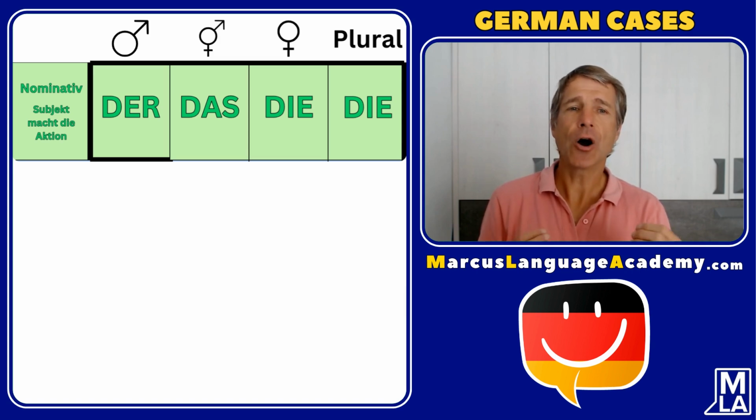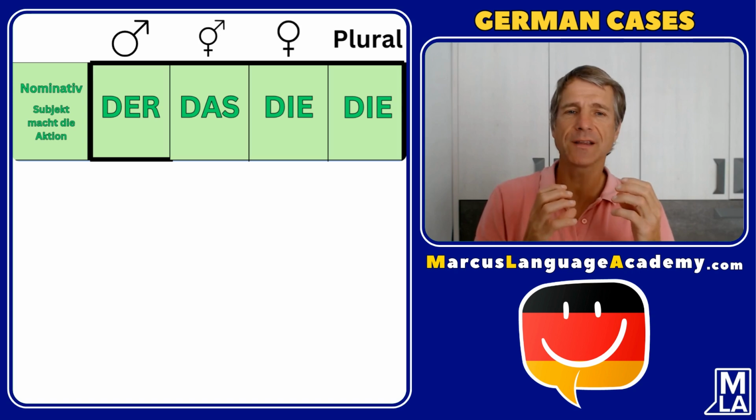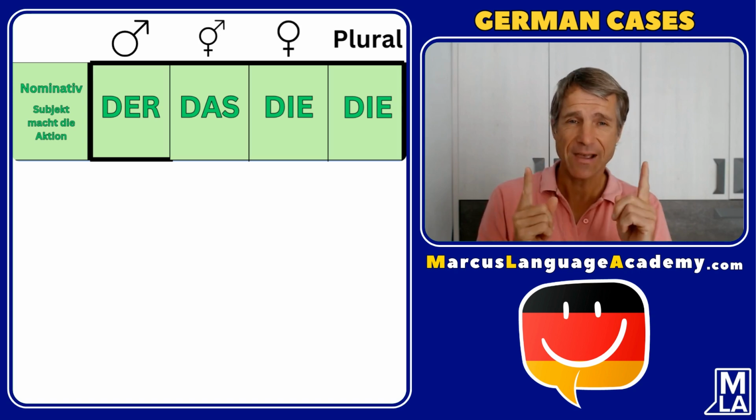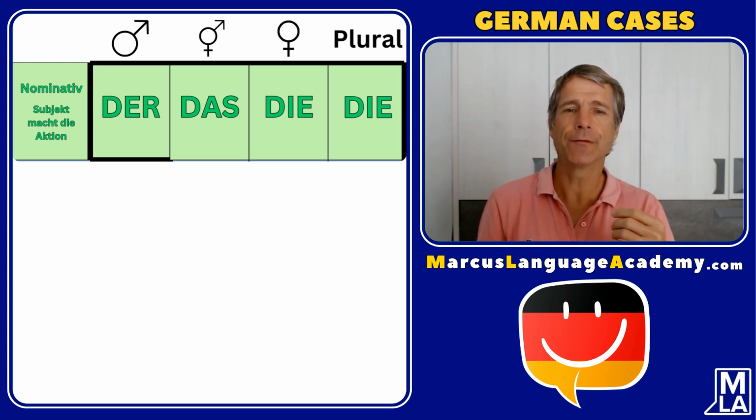This is how you learn words originally. In the nominative, our articles are der for masculine, das for neuter, die for feminine and die for plural. In my grammar system, these are the base forms.